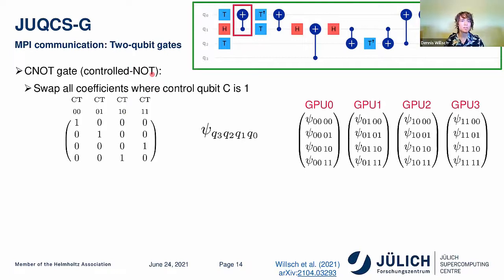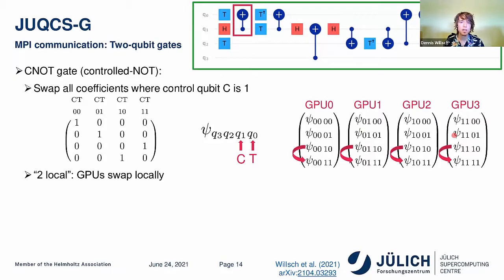So let's look at this example. Let's say we are simulating a 4-qubit quantum computer. We have all these complex numbers here. And now, as we're simulating this gate, qubit 1 is the control qubit and qubit 0 is the target qubit. So at the moment, we have on GPU 0 all these numbers. On GPU 1, we have these numbers, and on GPU 2 and 3, we have these numbers.